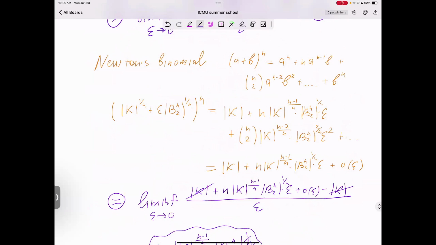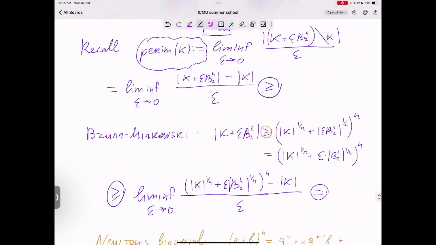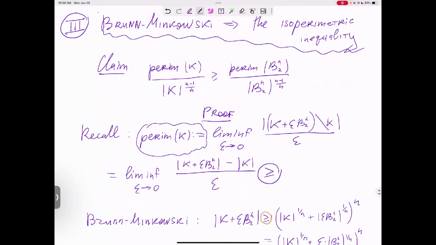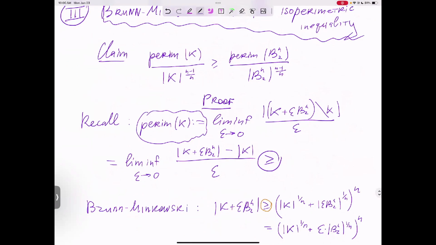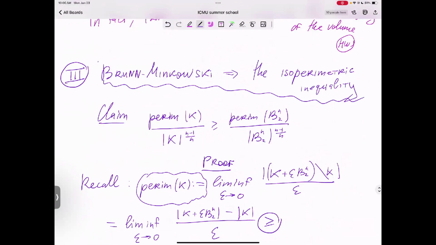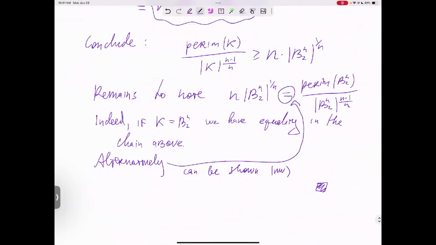Amazing question. So you're saying you can do the same exact argument and obtain an inequality where you replace the ball with some other set, and then it would be the perimeter with respect to this set. Exactly. Very good question.